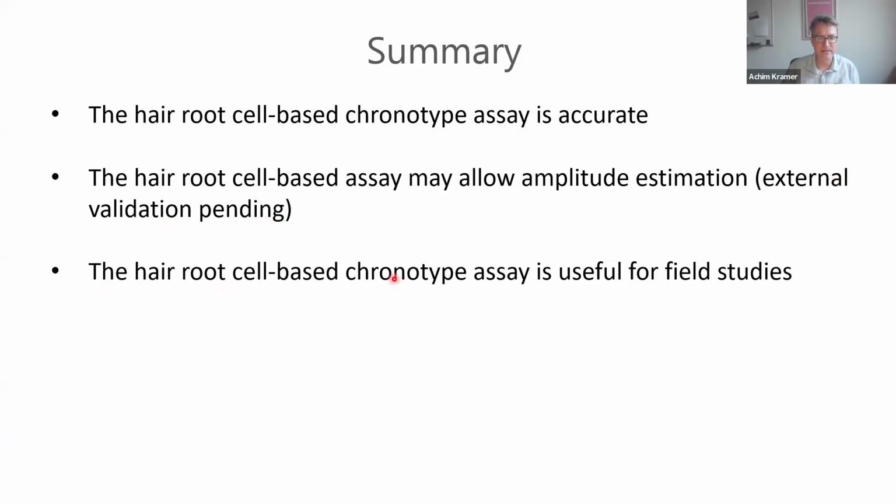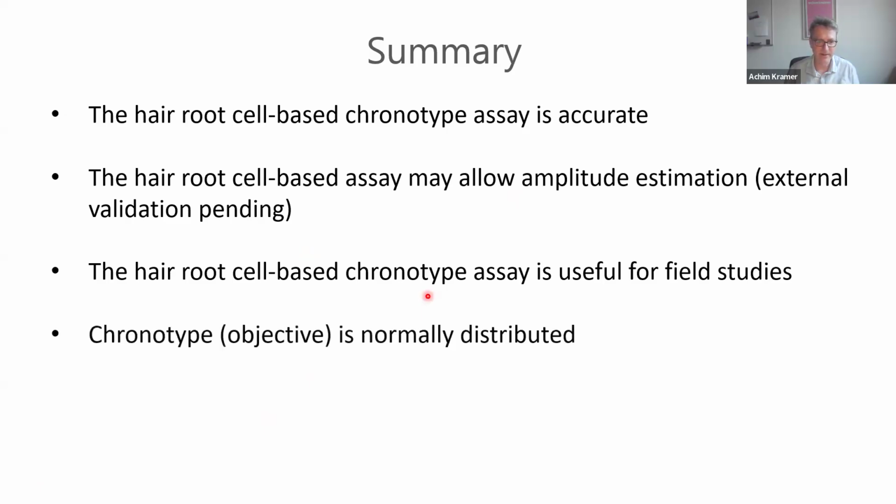And the hair root cell-based chronotype assay is useful for field studies because you can ask people to take their hairs and put them into an Eppendorf tube with a stabilizing solution and mail it in. So people who were customers of the company just put their hair roots in regular mail, and this can take a week or so, and the RNAs remain stable.